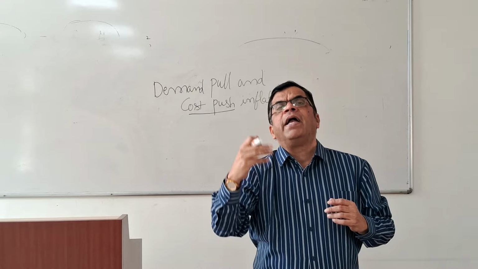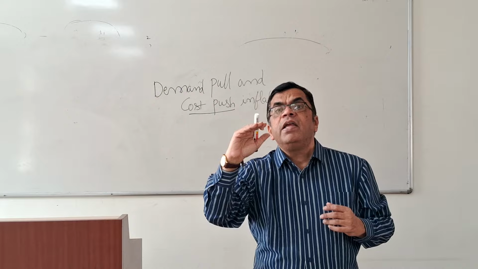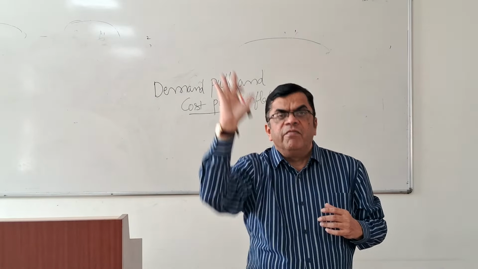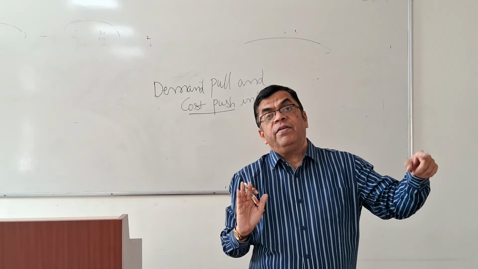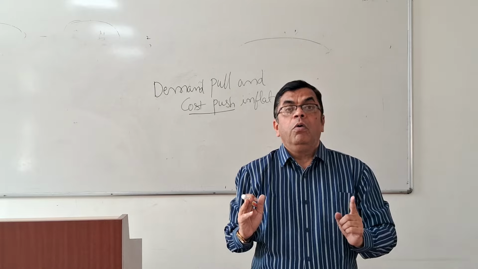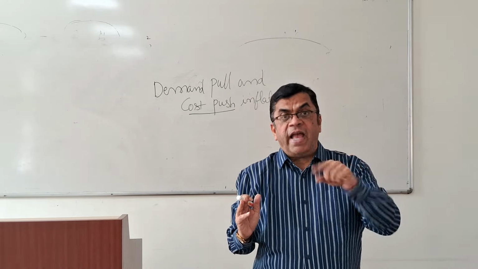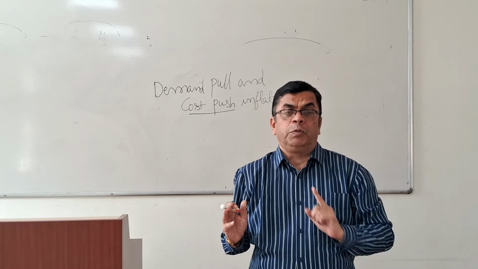Now, management agrees to their demand of higher wages. So, their wages go up. As a result, input cost goes up. Because input cost goes up, there is inflation. So, because of demand pull factors, there was inflation. So, labor demanded higher wages, then it was agreed, then this led to further inflation, which is cost push.